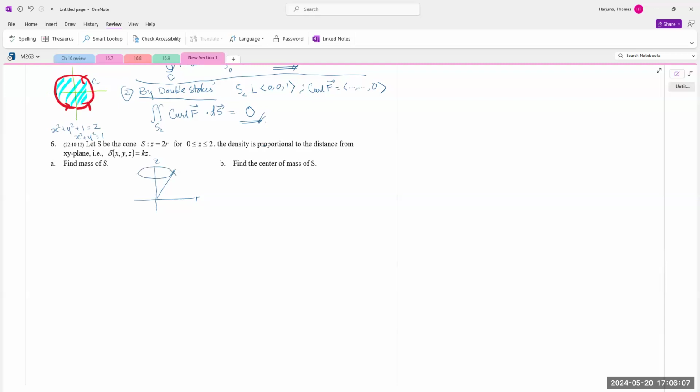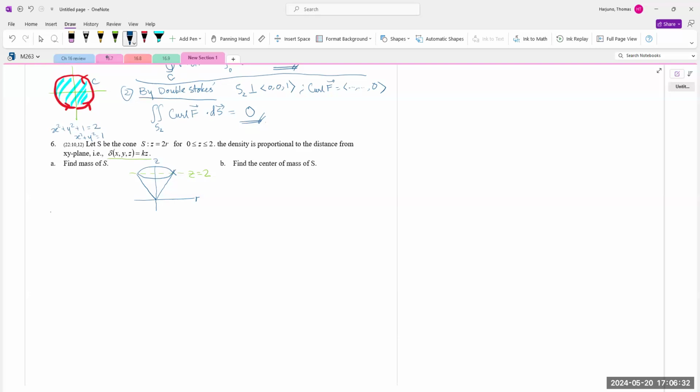That's what the cone looks like, from z equals 0 to z equals 2. So this is for z equals 2. And the density is proportional to the distance from the xy plane. So the density is kz.